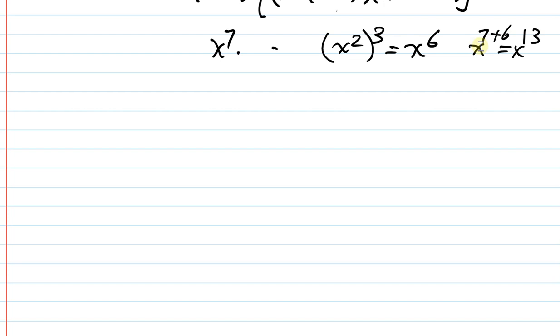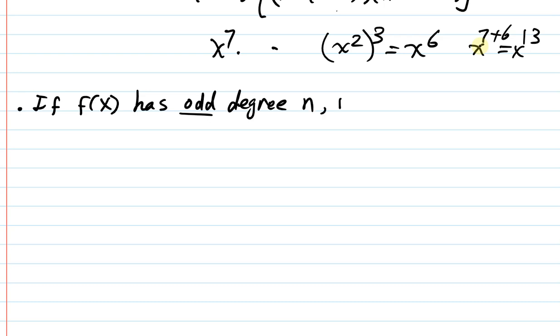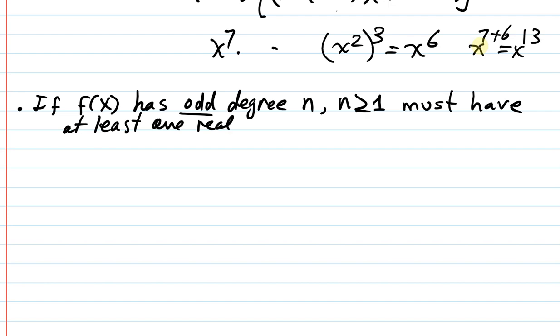So if a polynomial function with real coefficients, f of x, has odd degree, like 3rd degree, for example, the one we just did, call it n, and let's say it has to be at least a linear factor, then this polynomial function must have at least one real zero.